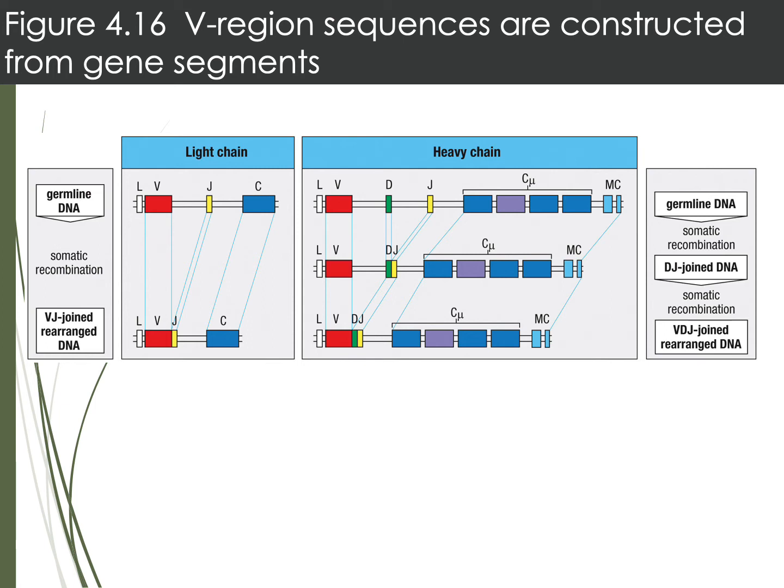And your B cells have different DNA than T cells, because T cells go through a similar process also, which we'll look at. So each B cell and each T cell has a different genome. Think of all the other cells in your body: they have shared genomes. This process of gene segment rearrangement is unique to these lymphocytes. So it's a misconception that all our cells have the same genome, because T cells and B cells each have different genomes.